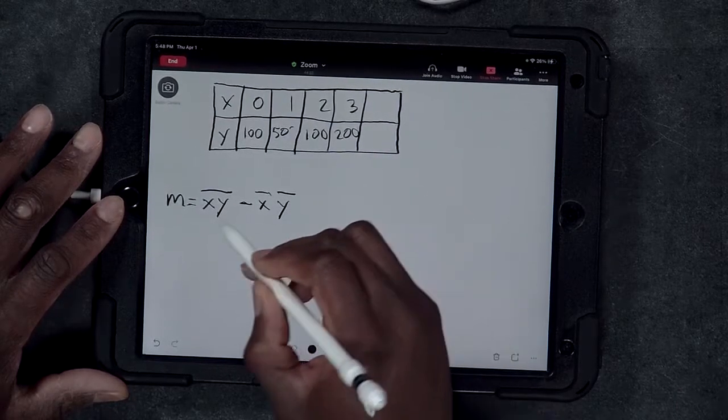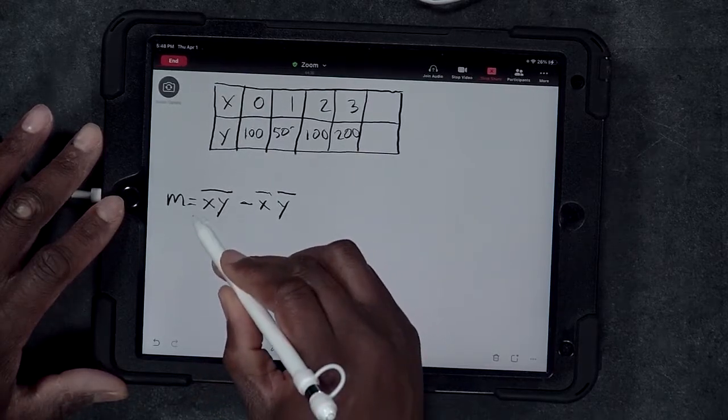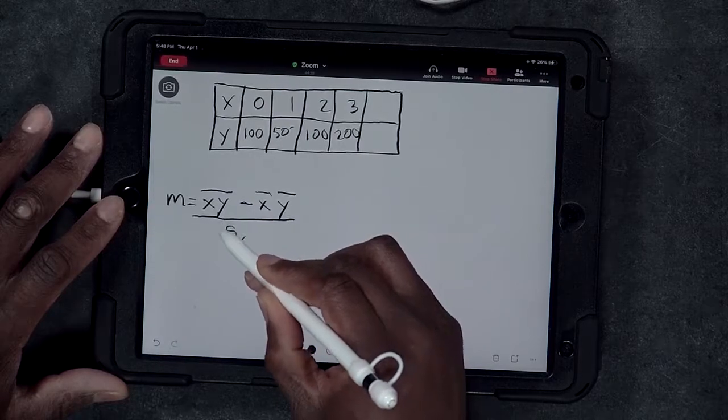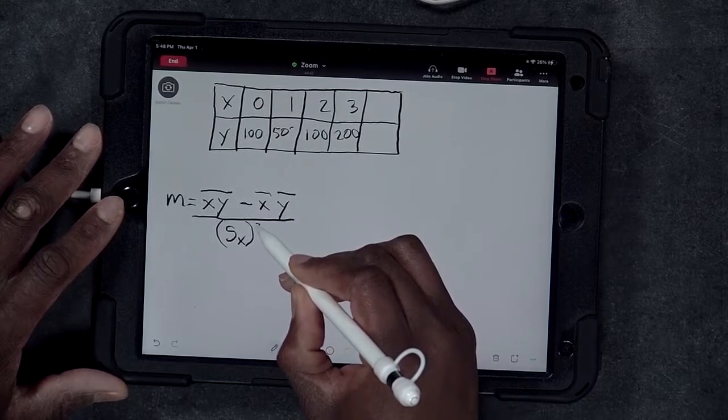All right? So those bars mean averages. And this is divided by the standard deviation of x.